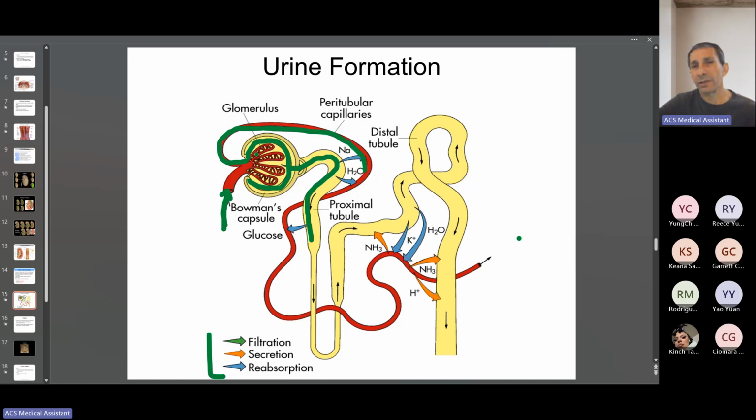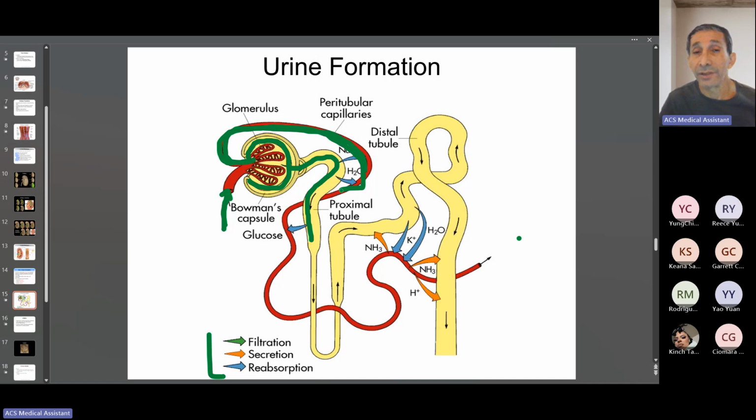Blood is going to come right here to the glomerulus. Let's say the glomerulus is the lungs. Here, blood is going to be filtered because this is a filter. So the blood that is clean is going to move to the left side of the heart, right? And then to the aorta to be distributed to the entire body.